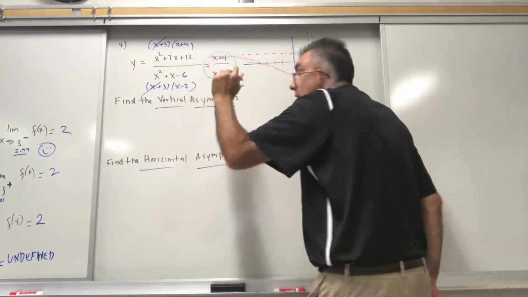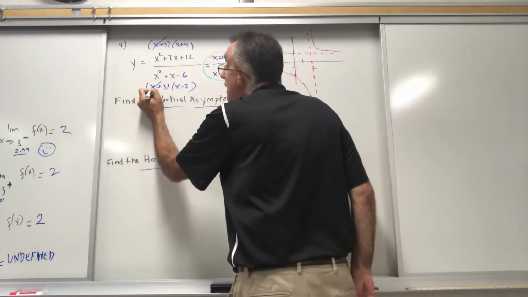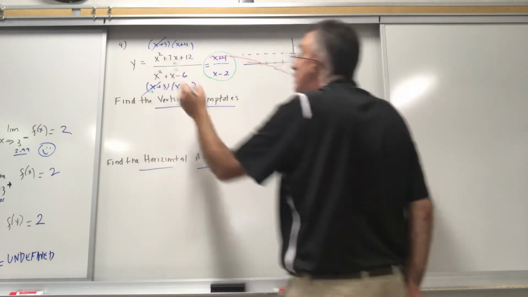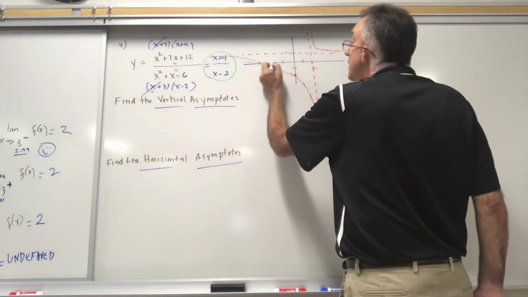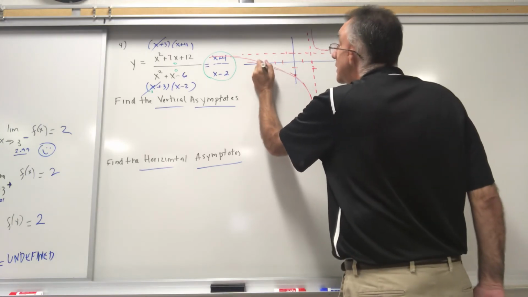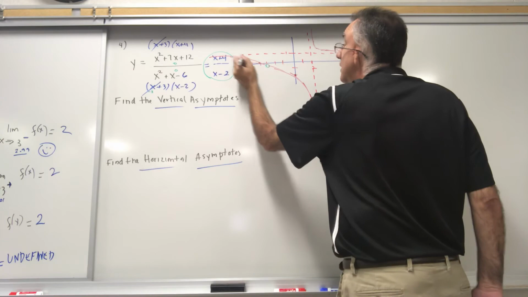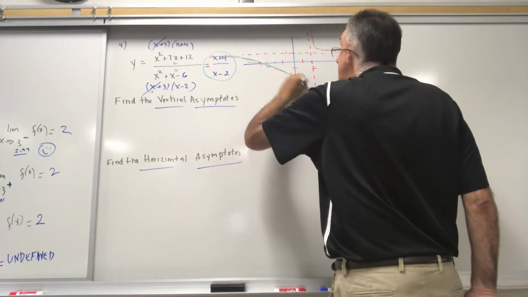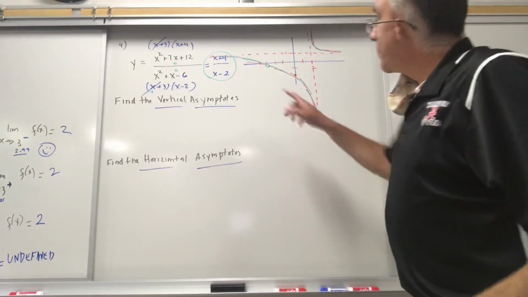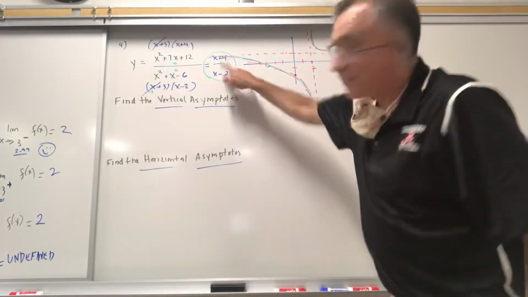But if I try to put -3 into here, I'm going to get 0 over 0. So at -3, if I put -3 in, there's got to be an open dot there. So this green graph, okay, so just make sure you got this. The red graph was that blue function.